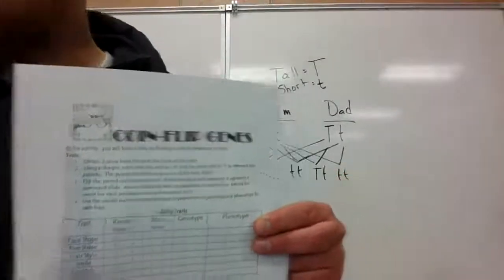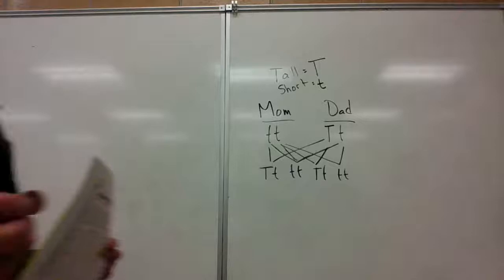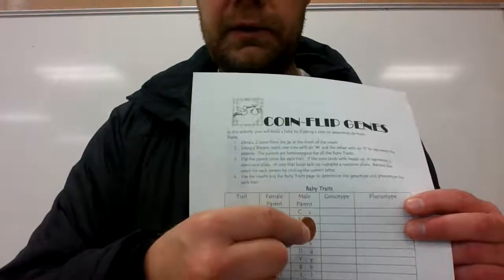All you need to do to figure out the child's gene is to get yourself a coin, a penny or a quarter or whatever that has a heads and a tails. Then you're going to flip the coin once for mom for this trait, for face shape, and you're going to flip it once for dad for this trait.